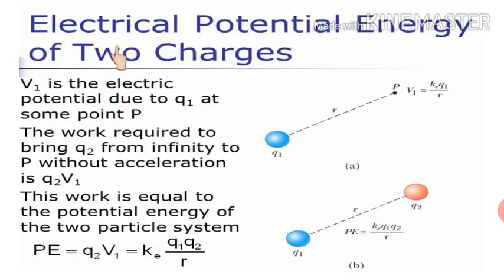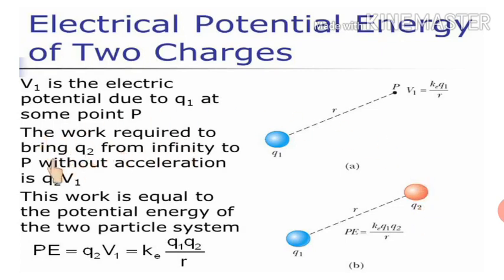In the next page we can clearly see, again they are talking about a system of two charges. So what is written over here, that Q1 is already there. P is a point which is at R distance, and at this point P, what is the potential due to this Q1 charge? It is V1. So V1 is the electric potential due to Q1 at some point P. Now another charge we have considered Q2, which is brought from infinity to this particular point P. So what will be the work done?